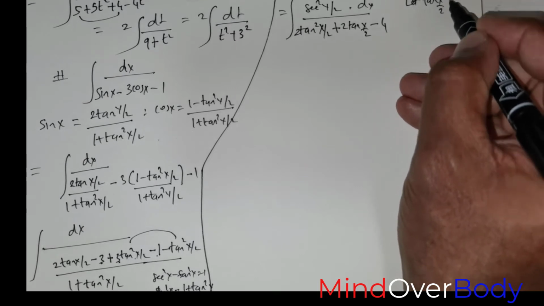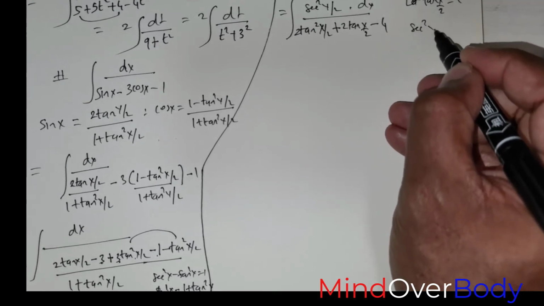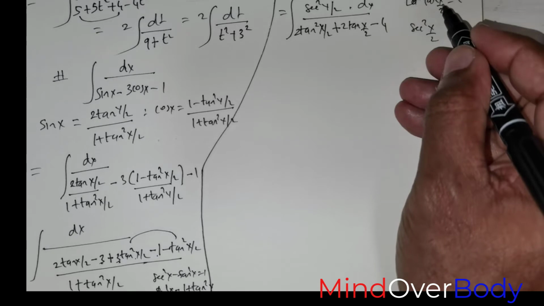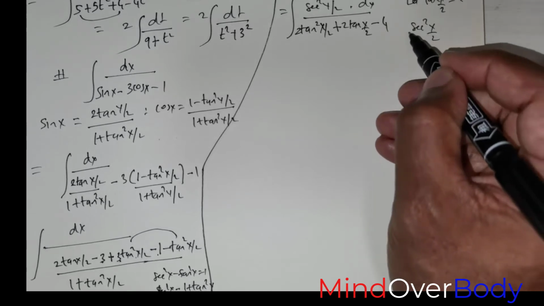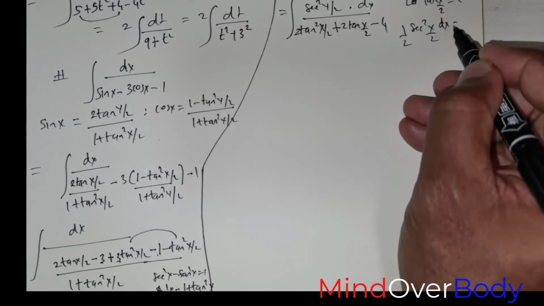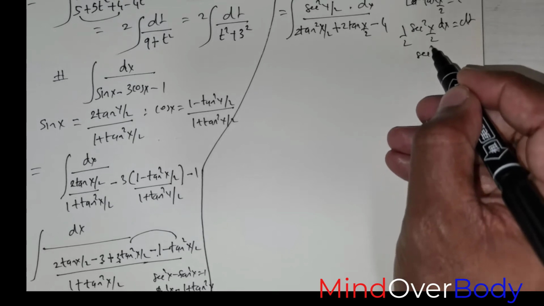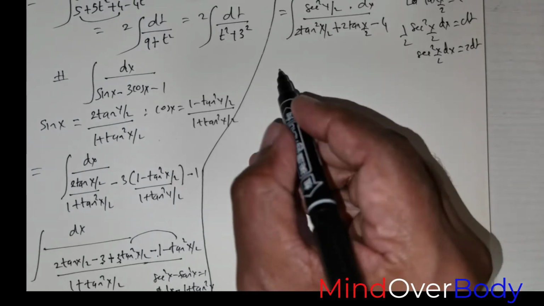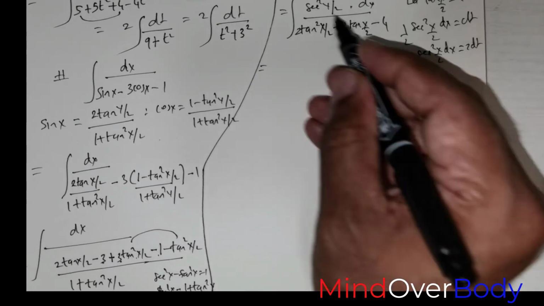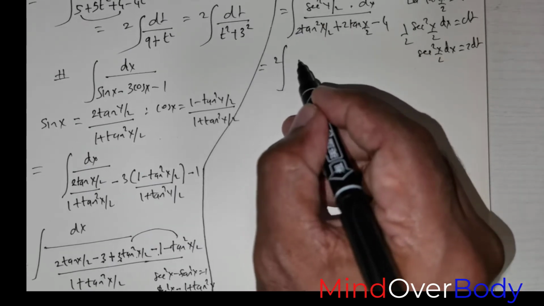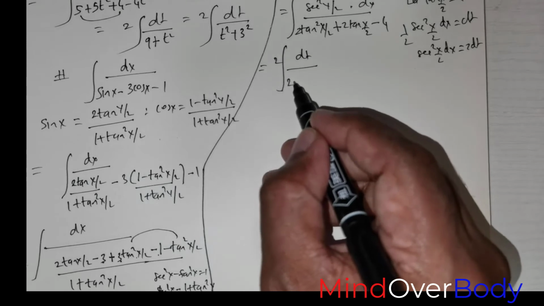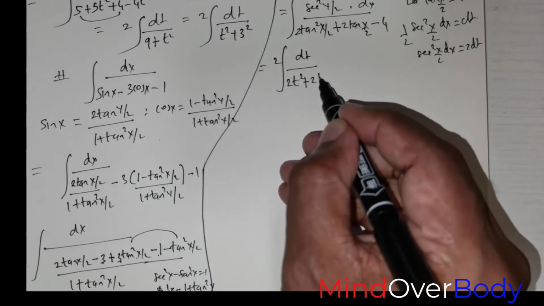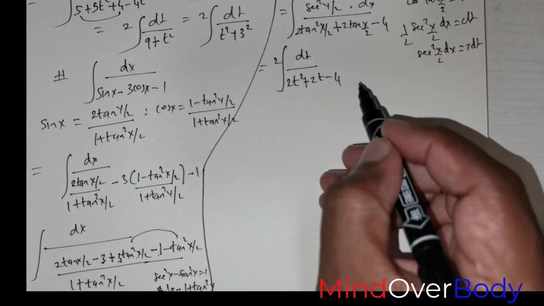Let tan(x/2) be equal to t. This is sec²(x/2). There is a coefficient for x, that's 1/2, and you've got a dt there. So sec²(x/2) dx is equal to 2 times dt. So substitute this value there. So this is 2 times dt divided by 2t² + 2t − 4.